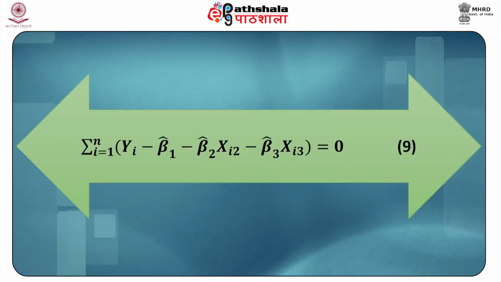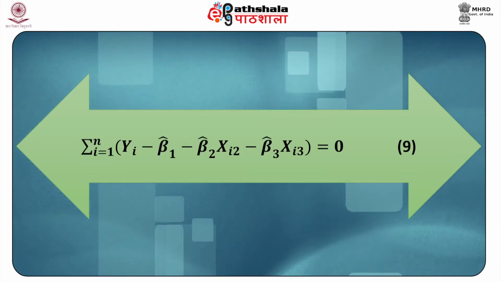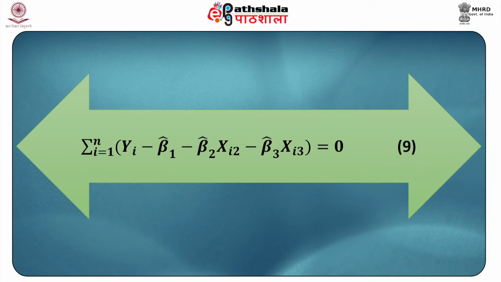So there are 3 normal equations and 3 unknowns, therefore they can easily be solved to derive the estimators. And equation 6 can be simplified as sigma of yi minus beta 1 hat minus beta 2 hat xi2 minus beta 3 hat xi3 equal to 0, which is our equation 9. And in this sigma, in fact in all the sigmas, let me clarify, our i ranges from 1 to n.